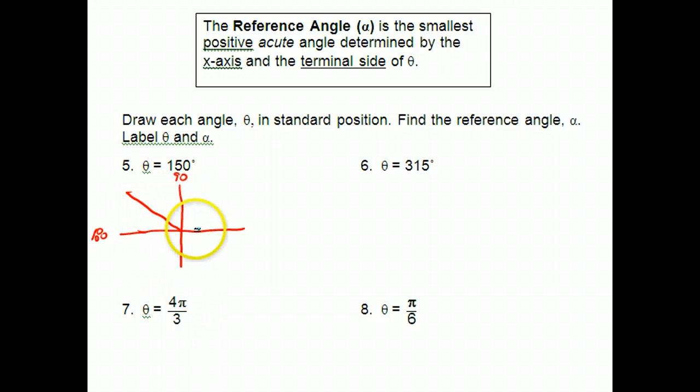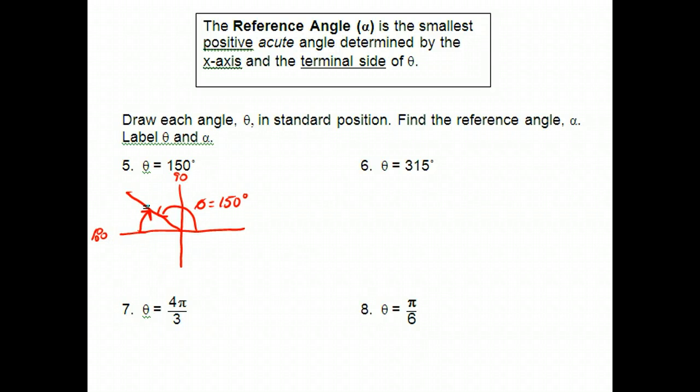Okay, so this is our original theta, which is equal to 150. Okay, now our reference angle is simply the angle that's between the x-axis and our terminal arm, which is acute. So that's going to be this angle right here.